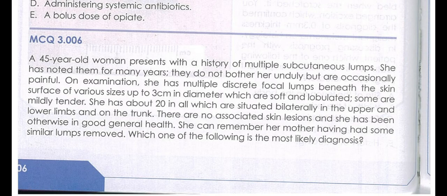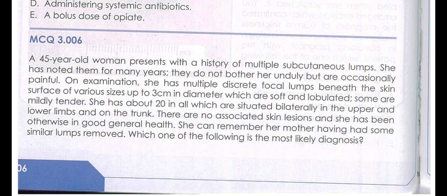Our next question: a 45-year-old man presents with a history of multiple subcutaneous lumps. She has noted them for many years. They do not bother her unduly, but are occasionally painful. On examination, she has multiple discrete focal lumps beneath the skin surface of various sizes up to 3 cm in diameter, which are soft and lobulated.